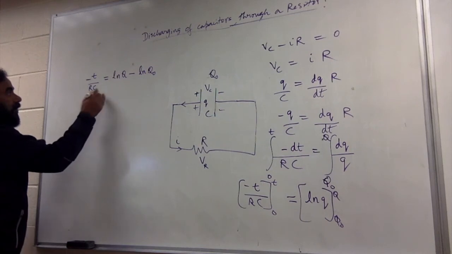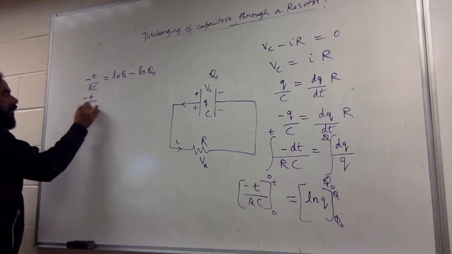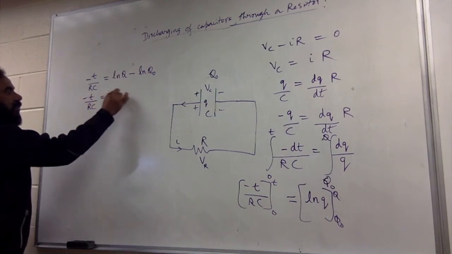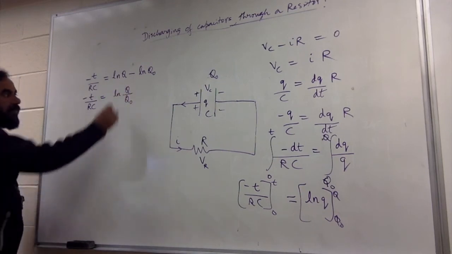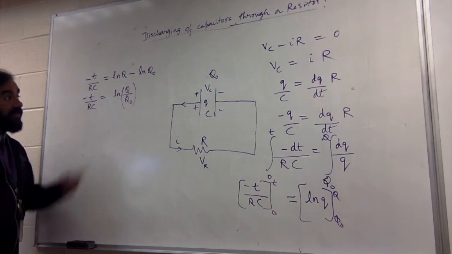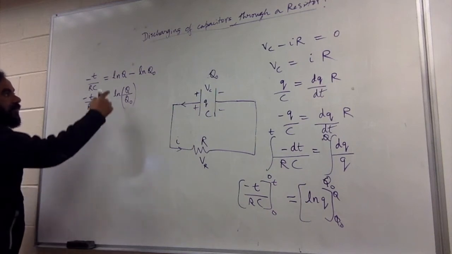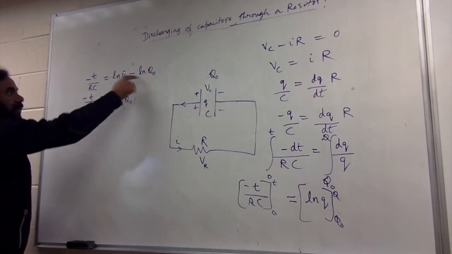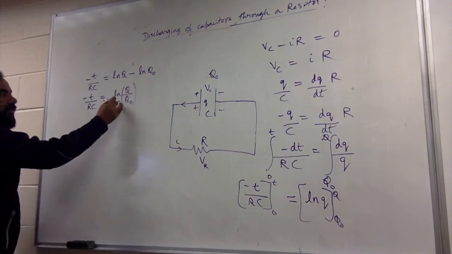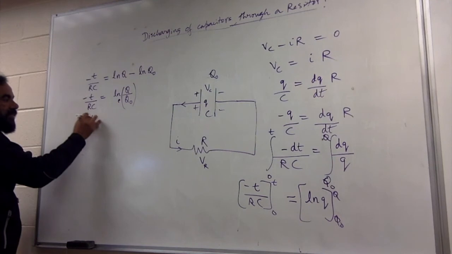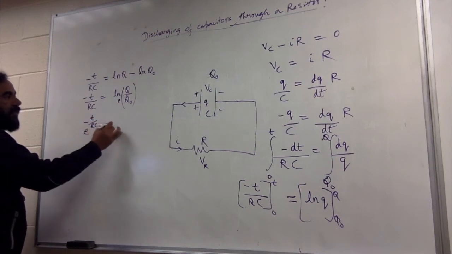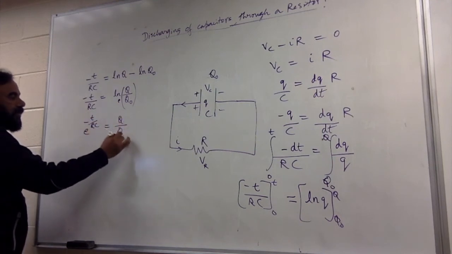And now this can also be written as natural log q over q naught, by using the product quotient rule. So log a over b is log a minus log b. And now this is a natural log. Therefore, if I bring that e up here, e to the power of minus t over RC is equal to q over q naught.